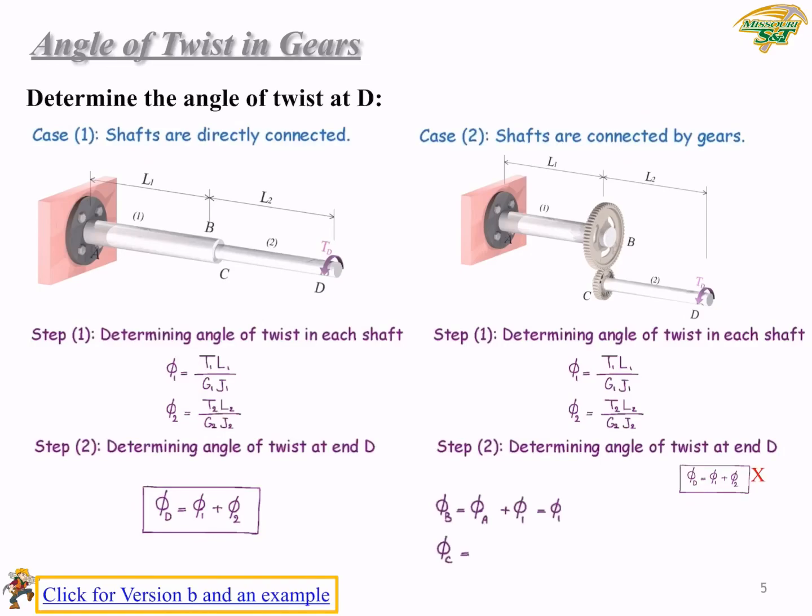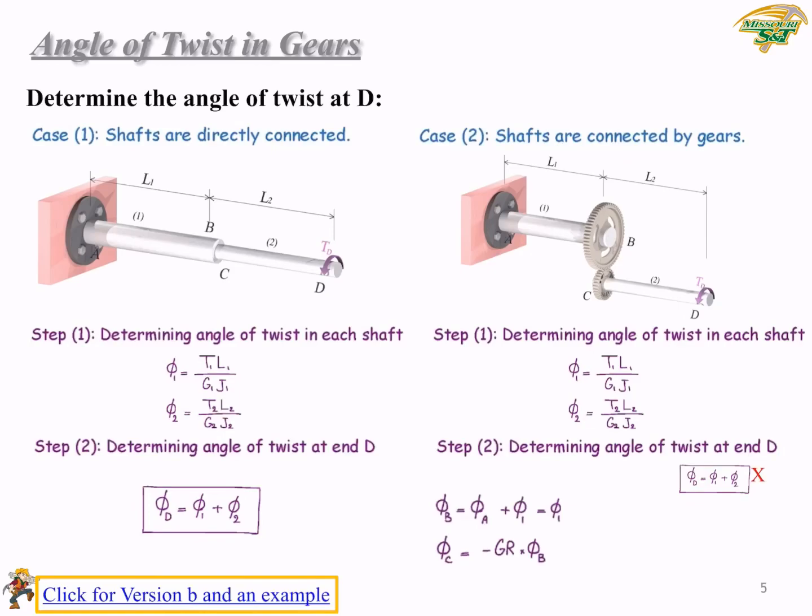Then let's look at the gear assembly B and C. After the transmission, phi C can be calculated from phi B and the gear ratio. So this equals negative gear ratio times phi B. But here you need to think about, is this gear ratio larger than 1 or smaller than 1?